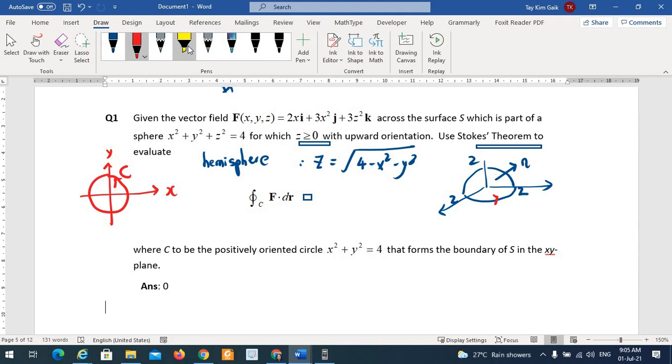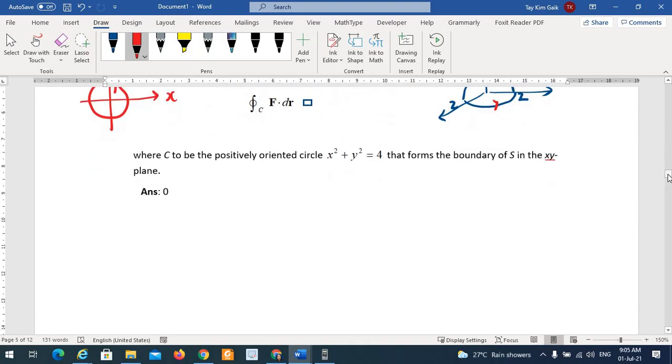And then if they ask you to evaluate the line integral using Stokes theorem, it means you evaluate the flux of the curl of F, instead of this one, F dot dr. If they say Stokes theorem, then you evaluate the curl of F dot n dS across surface S. Of course, this one can also use the line integral because it's only one curve.